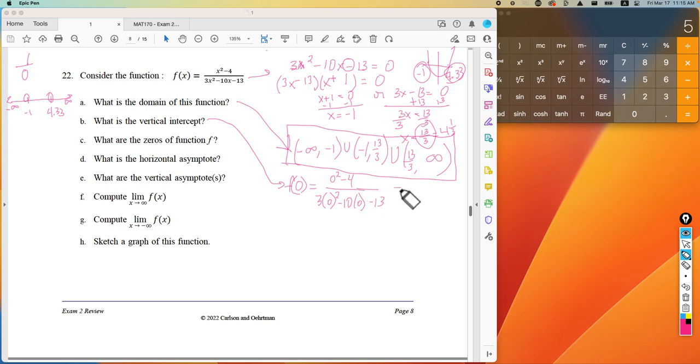Well, this is 0, this is 0, this is 0. It's negative 4 over negative 13, which is positive 4/13. And again, that is a point: x is 0, y is 4/13.